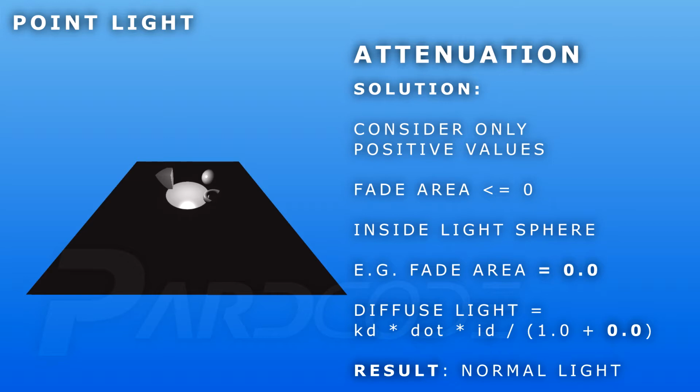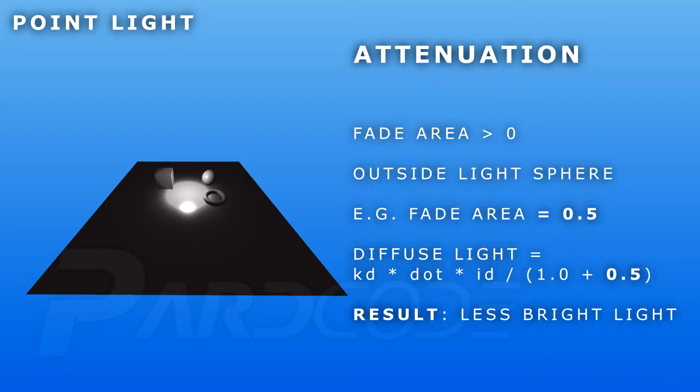What if the fade area is greater than 0? Well, the attenuation formula will be greater than 1, and so we would obtain a less bright lighting, achieving in this way the transition from light to dark we have seen previously.